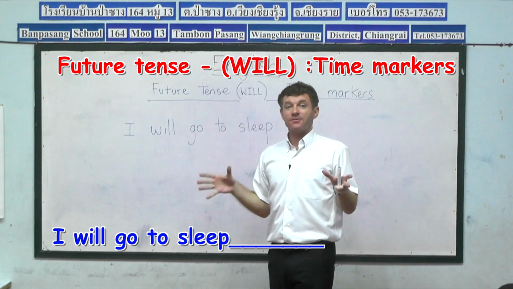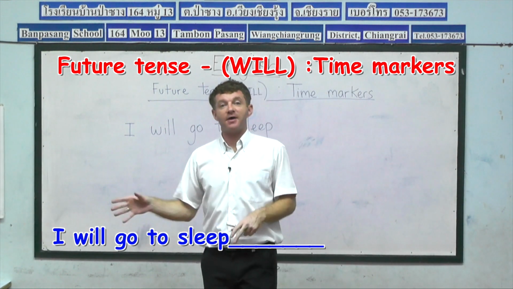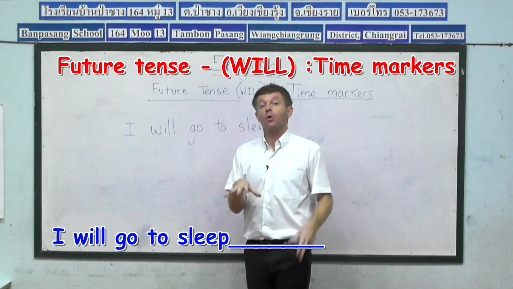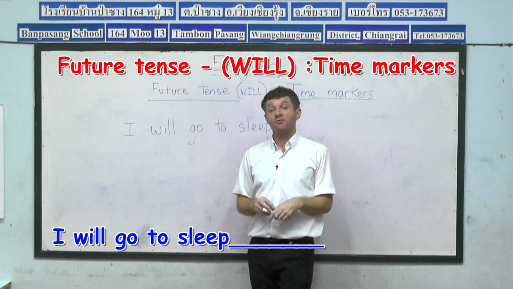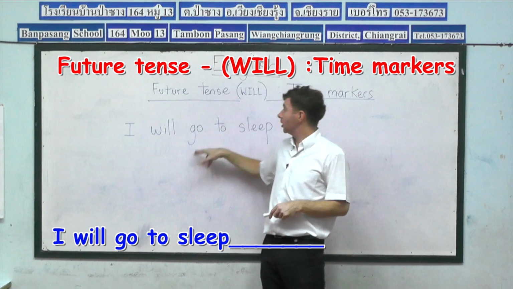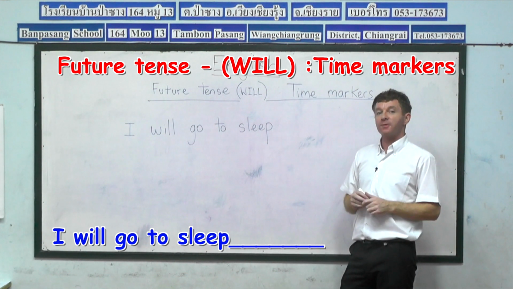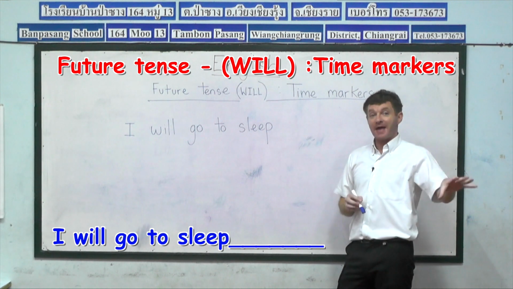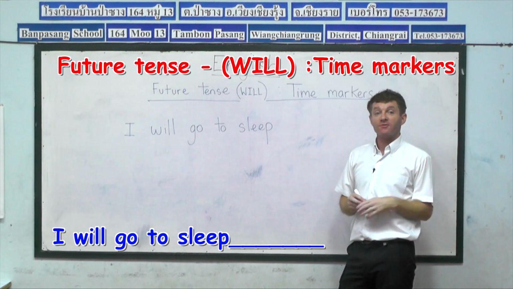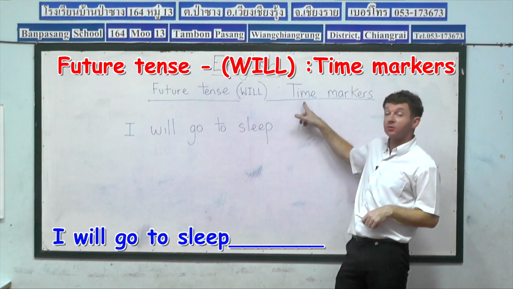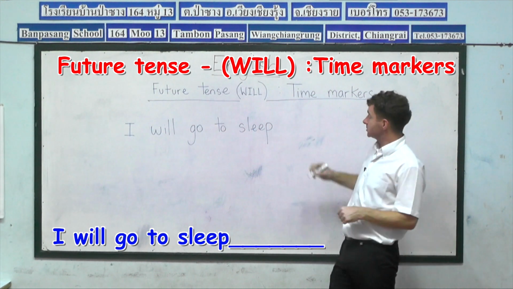Now this sentence on its own is perfectly fine. It describes an action or event that we will do in the future. I will go to sleep. But if we want to be more specific, if we want to tell when the event or action will happen, then we will use time markers.